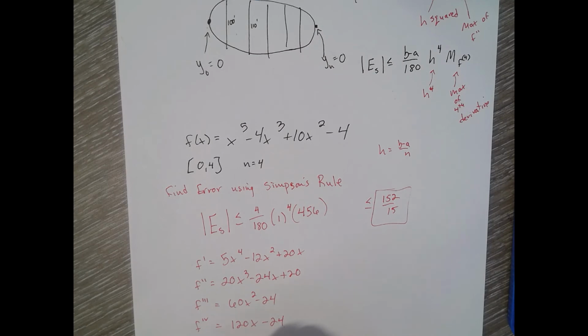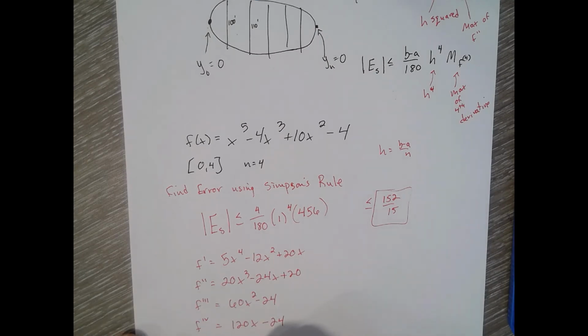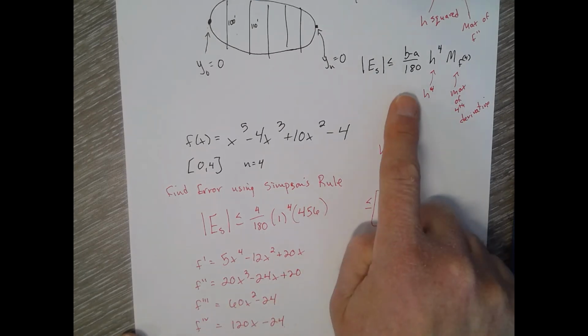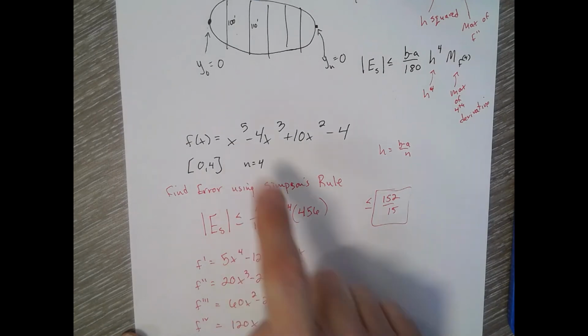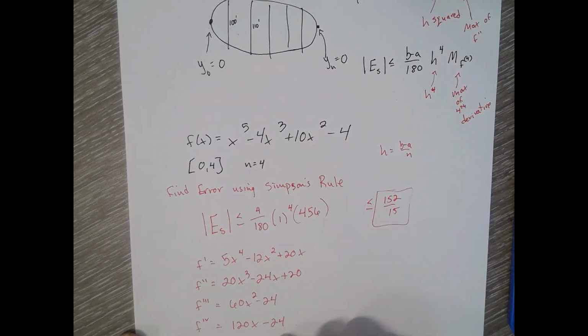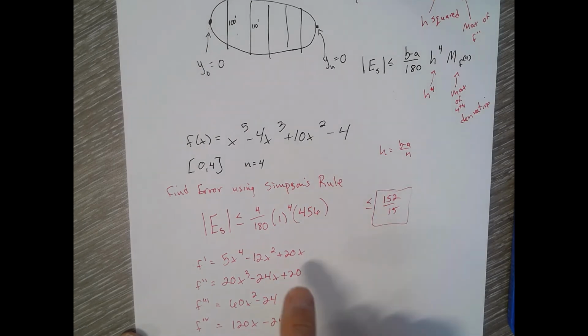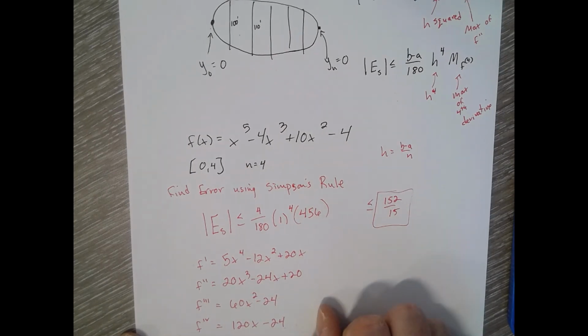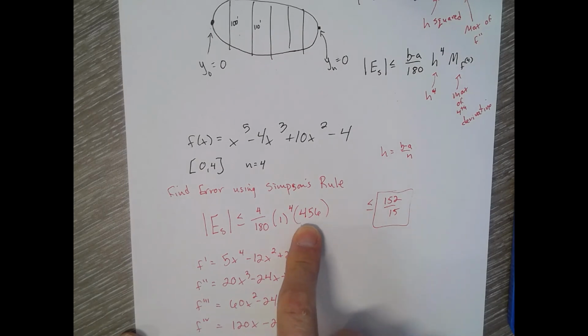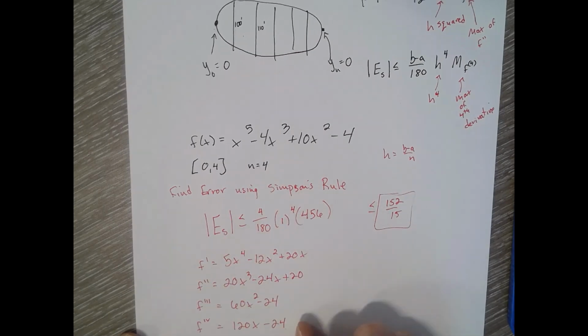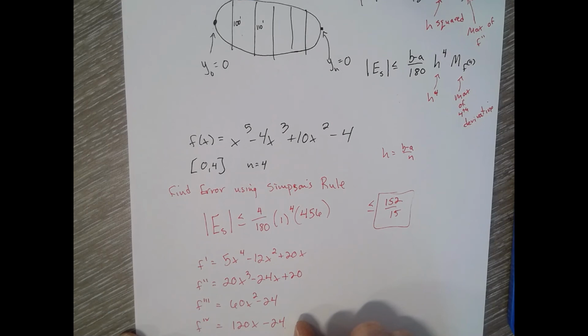Mathematically, does it check out using the Simpson's error? If that was an x squared, why would it be 0? Would the max of the function be 0? You'd find the max would be 0. So you do one derivative, another derivative, you do 4 derivatives, you're at 0 already. And we're plugging that in right here, so its error is going to be 0 because your fourth derivative's maximum is, of course, going to be 0.